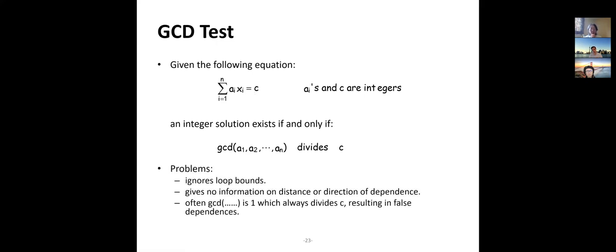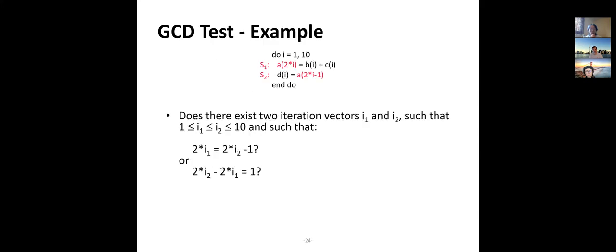The problem with the GCD test is that it ignores loop bounds, gives no information on distance or directions of the dependencies, and it can result in some false dependencies that claim something to be dependent, but which is not. But it's good in some simple examples like this, right? Like odd and even numbers.